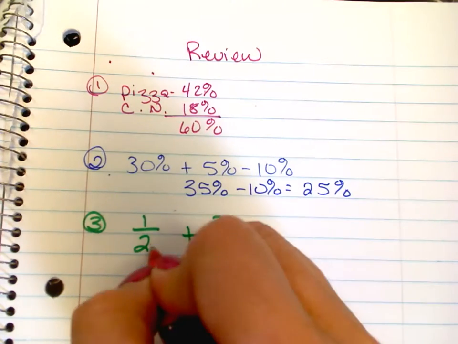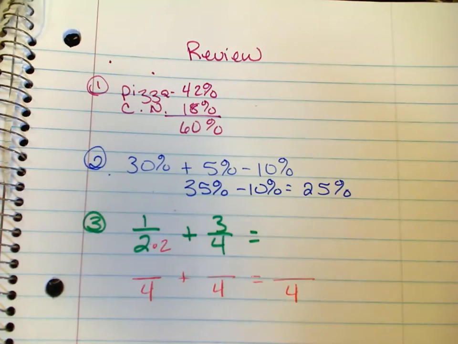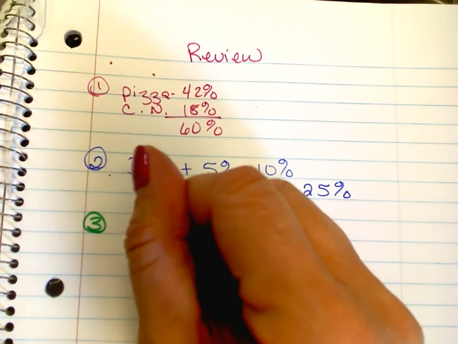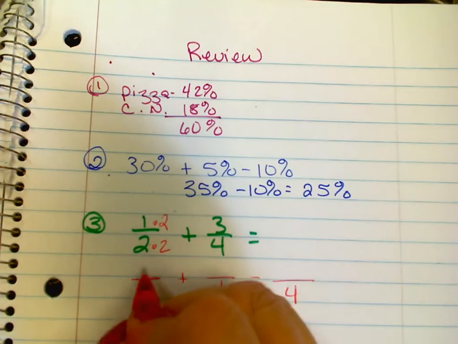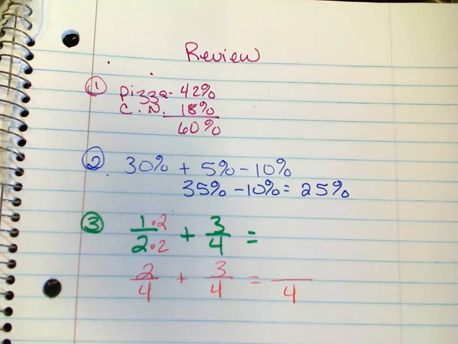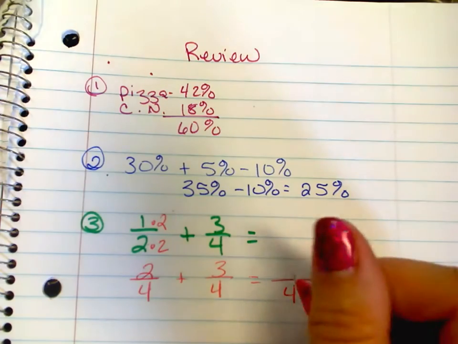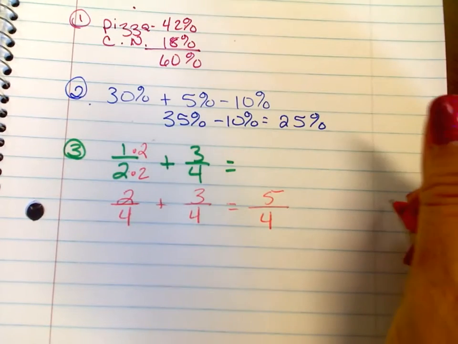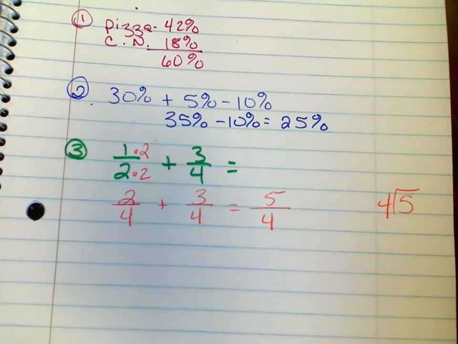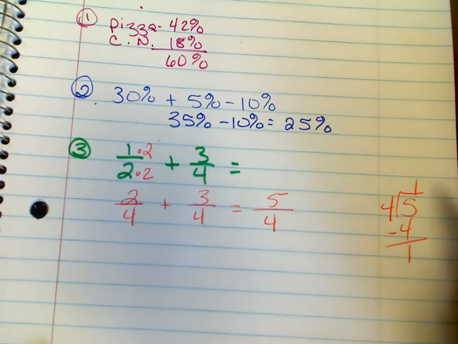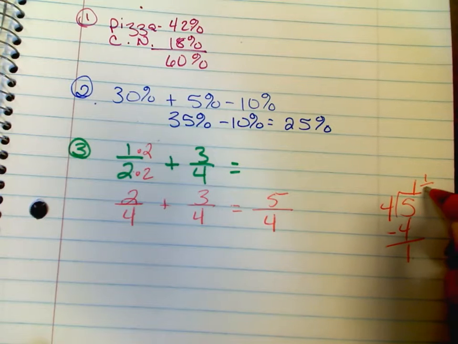Two times 2 became 4. So what you do to the bottom, you must do to the top. 1 times 2 is 2. You didn't change this one, so the 3 stays. Two plus 3 is 5. This is improper. So 5 divided by 4 gives you 1, and the remainder comes up to be 1/4.